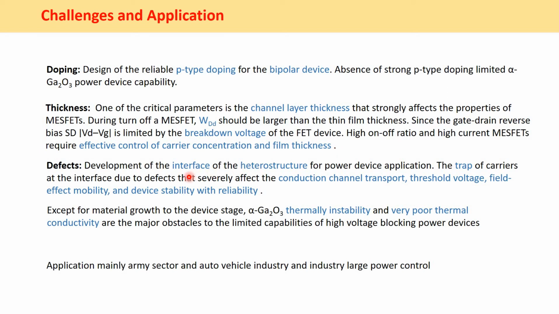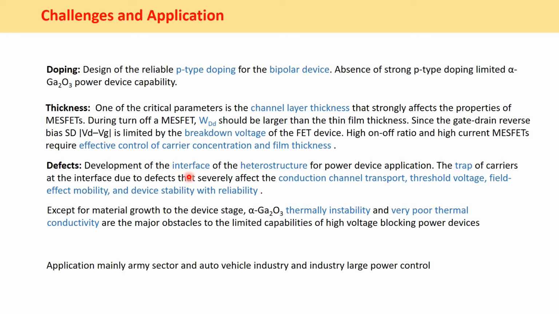Next is defects. This is one of the very important parts. The entire device performance depends on the material defects. From the growth to device stage, any kind of cracks or imperfections form in the material, which act as locations of electron traps.